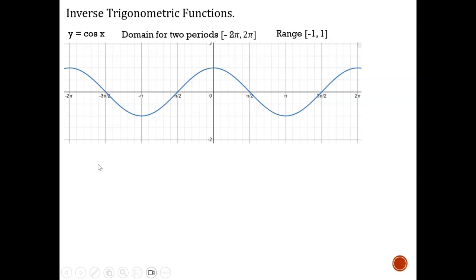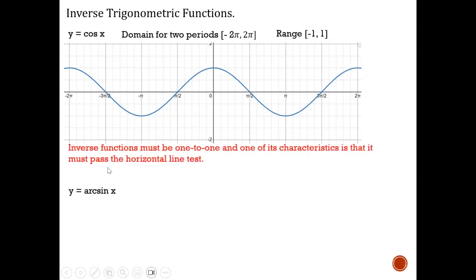Now for the arccosine, or the inverse, again, it has to be 1 to 1, and it must pass the horizontal line test that I just showed you. So we have to adjust the domain again. We always try to get something that has the 0 included.